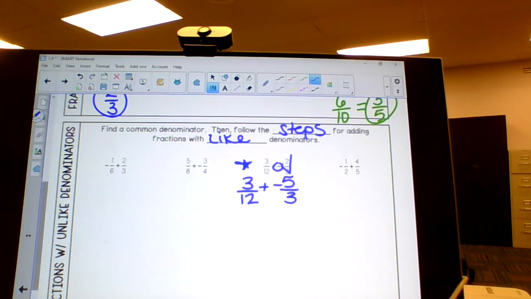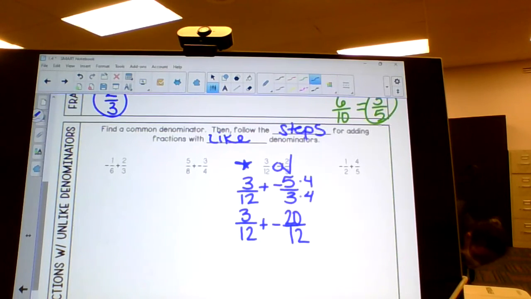This one does not currently have a common denominator. One of them is 12, one of them is 3. What would the common denominator of 12 and 3 be? Sakshi? 12. Okay, one of them's already 12, so let's make the other one 12. So 3 times what makes 12? 4. So I'm going to multiply this one by 4. So that's 3 12ths plus 5 times 4, that's 20 12ths.